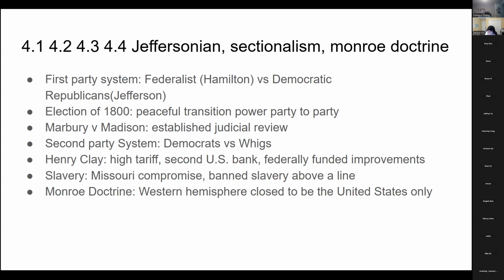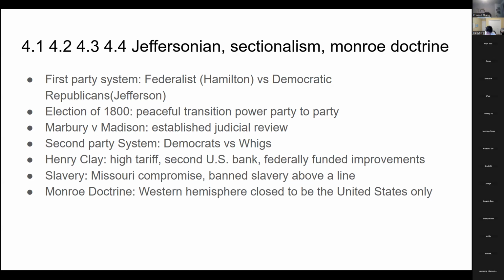And slavery was still a big debate around this time, right? It was one of the main debates. And the Missouri Compromise. What do you guys know about the Missouri Compromise so far? Yeah, so it is about the issues, right, of admitting states.